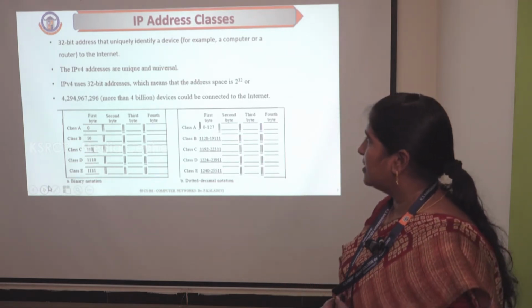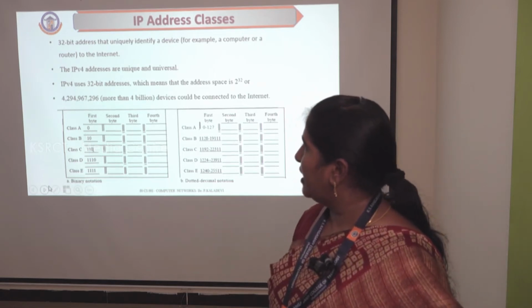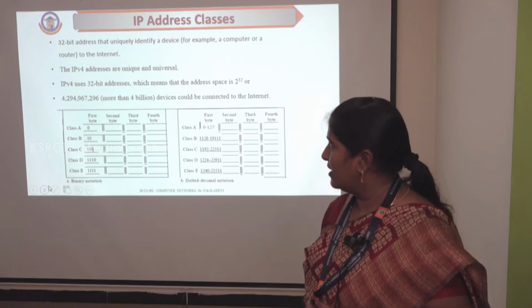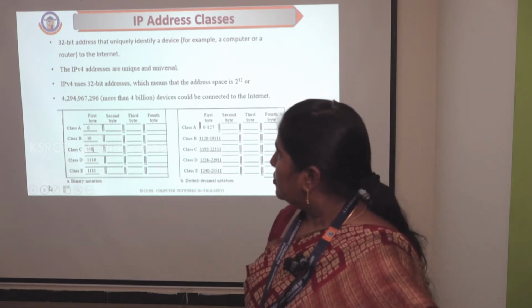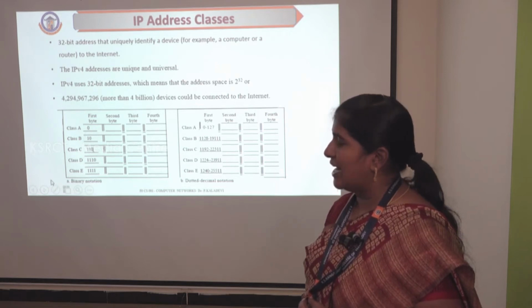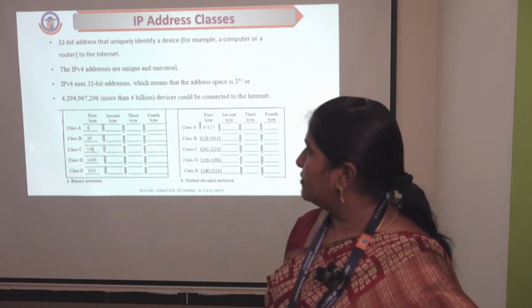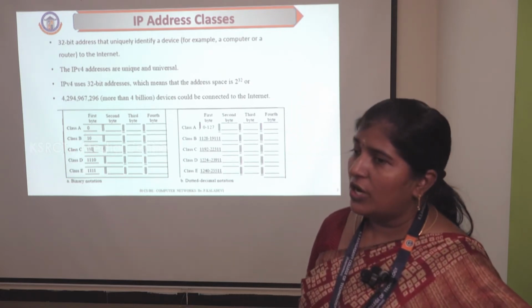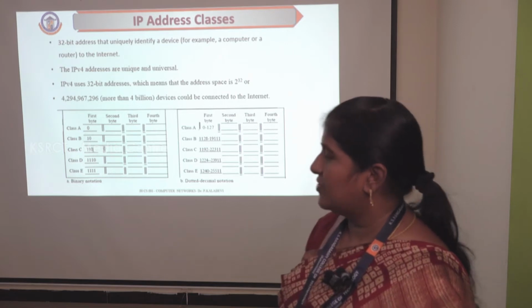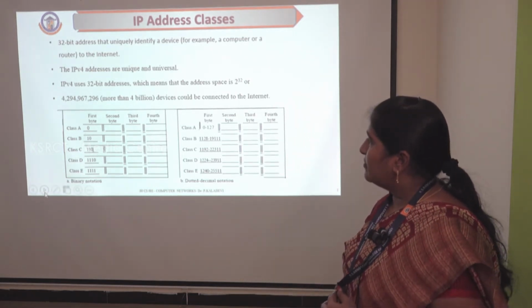The classes of IP address are divided into 5 categories: class A, class B, class C, class D and class E. In binary notation, a class A IP address starts with 0, class B starts with 10, class C starts with 110, class D starts with 1110 and class E starts with 1111.